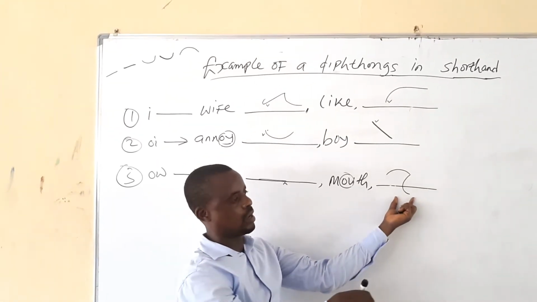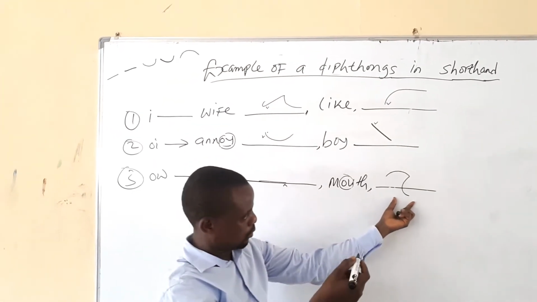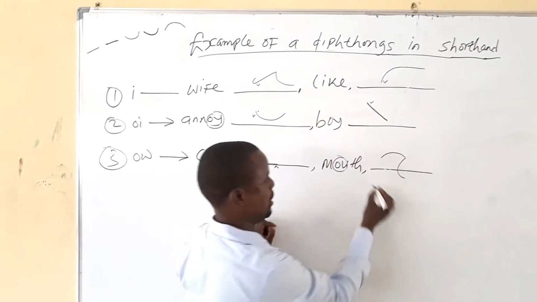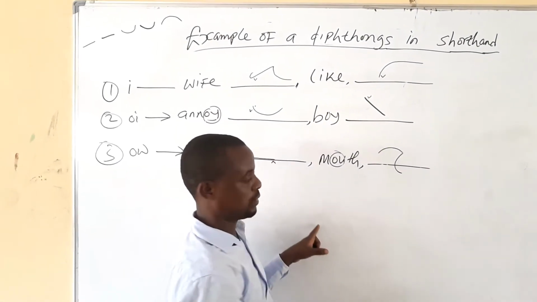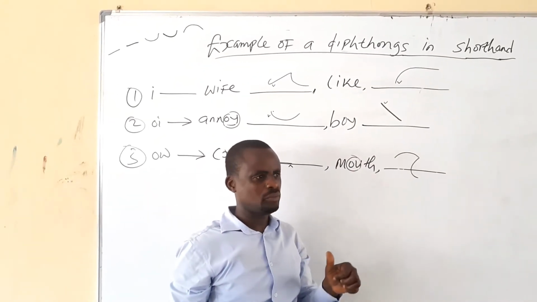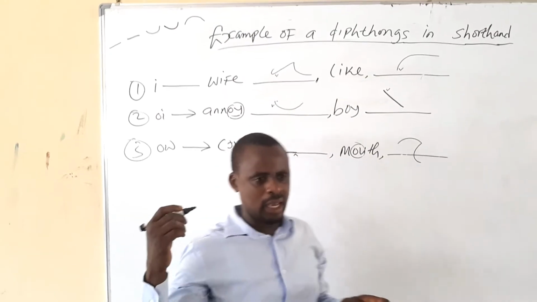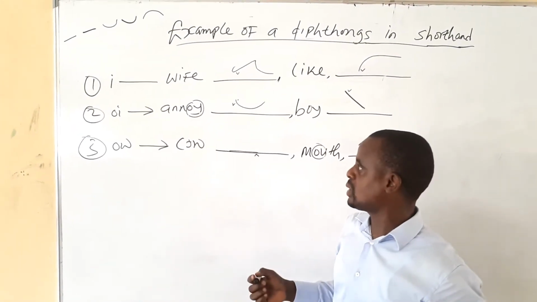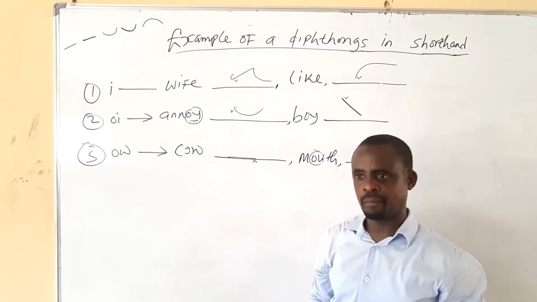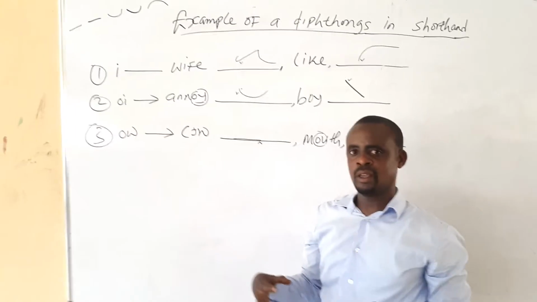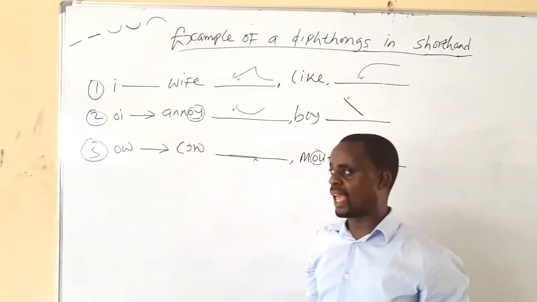Now S can go through the line. That is why now it is in the side position. Then you place your vowel or diphthong sign. Don't forget, in the previous video we discussed side position of a stroke. We said even the vowels, even the diphthongs, the same principle can be applied.